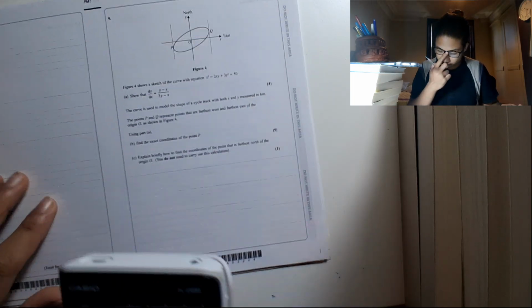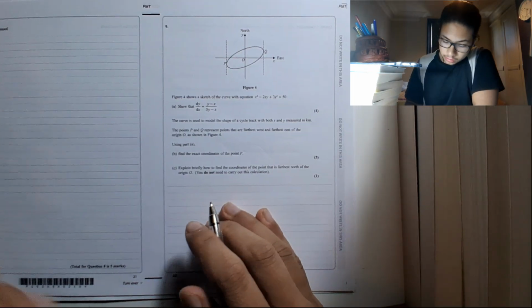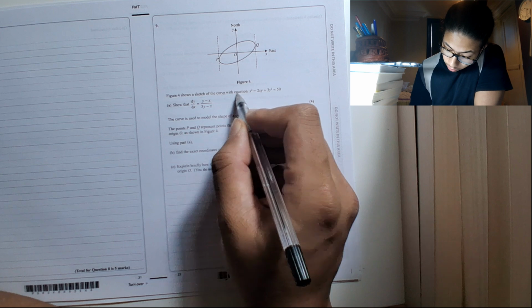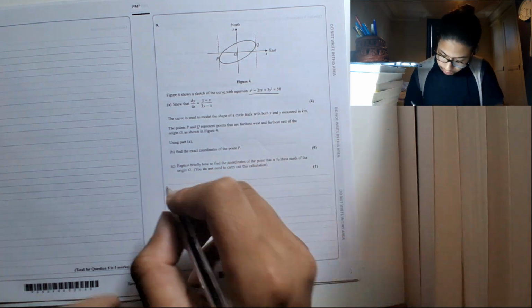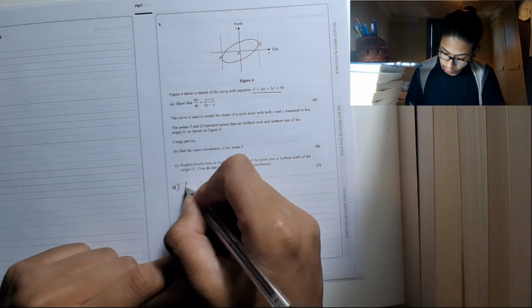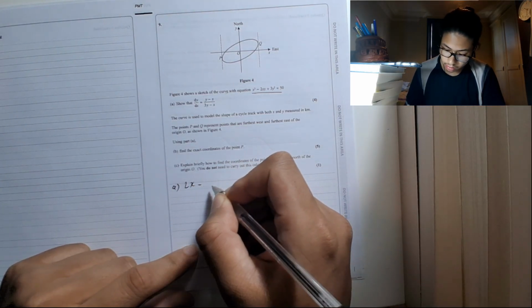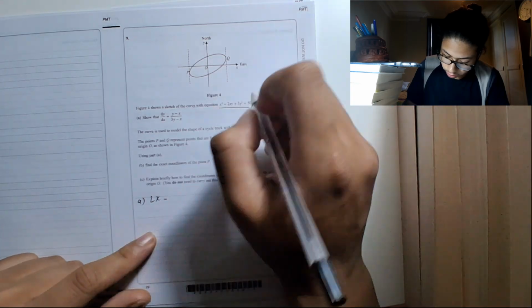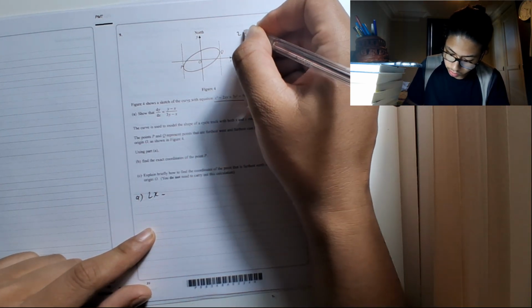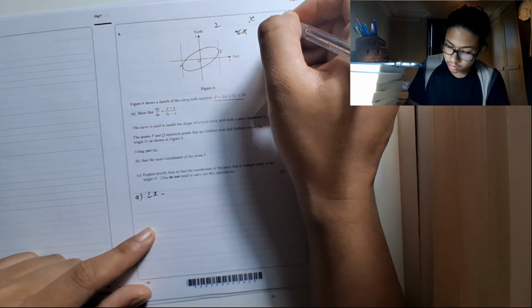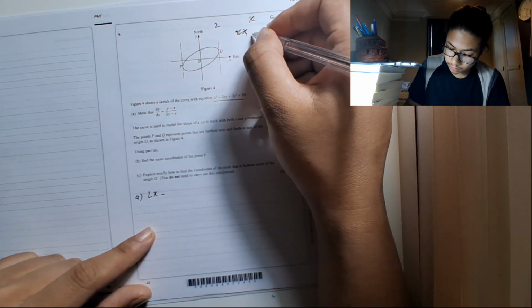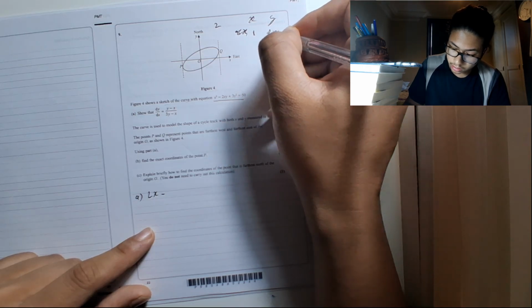Question 9 is the next one. Show a sketch of the curve with the equation. Show that dy/dx... okay, it's going to be implicit. I don't like doing implicit. So 2x, let's just call it 2, and then you have the x and the y. The differential of this is 1, the differential of this is dy/dx.